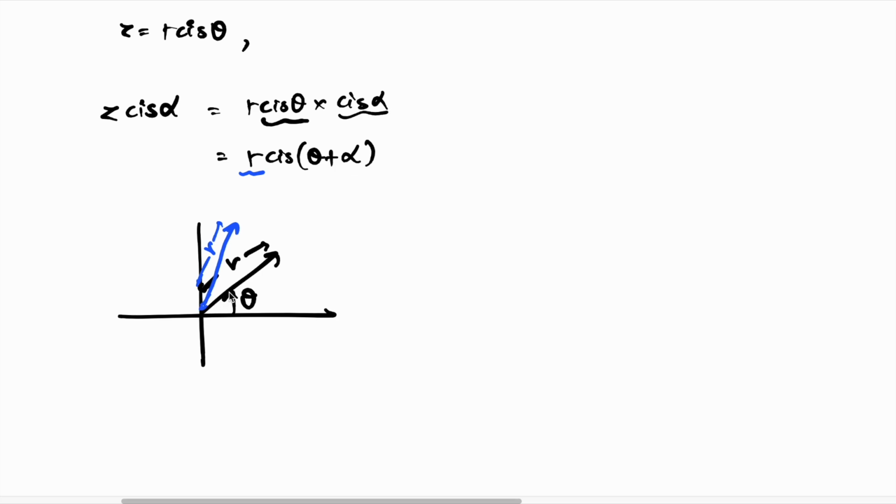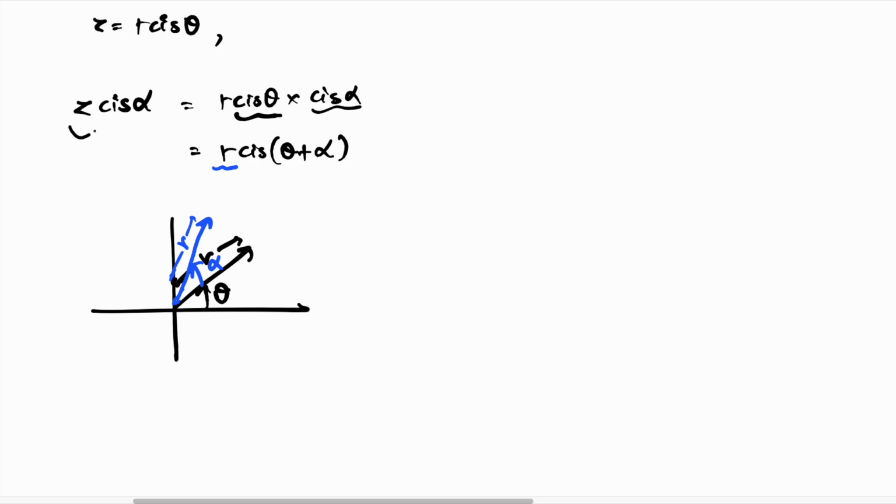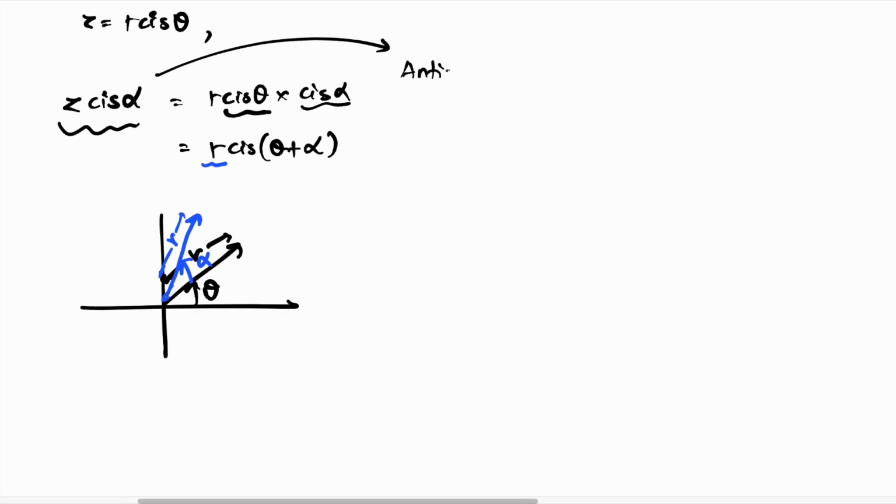So that effect is basically of rotation anti-clockwise by alpha. So if I'm multiplying a complex number z with cis alpha, the transformation is anti-clockwise rotation by angle alpha.